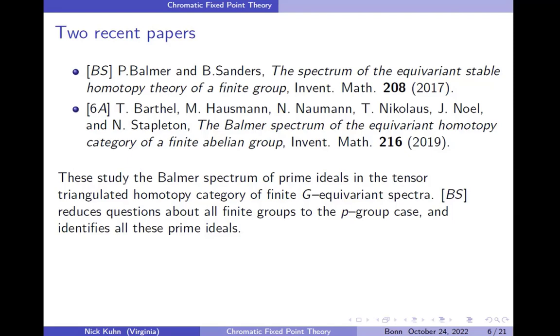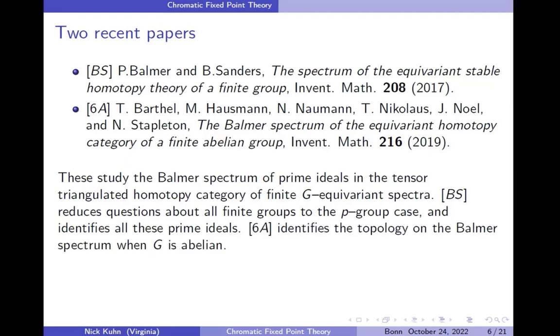So you're really left focusing on the P group situation, and on the topology of the spectrum. It has to do with which of these ideals are contained in other ideals. They say a little bit about this, which I'll say a little bit more about.